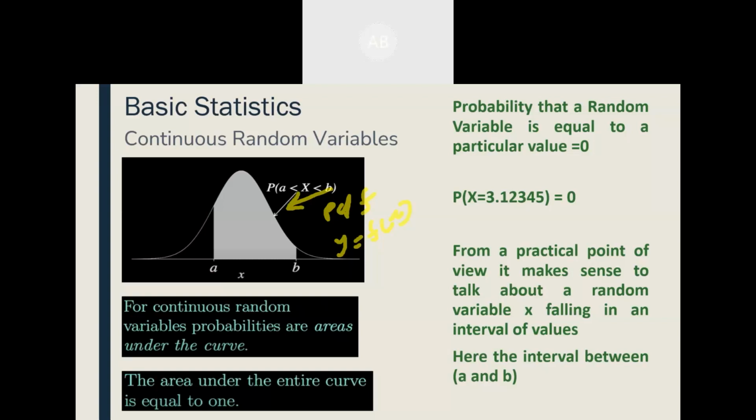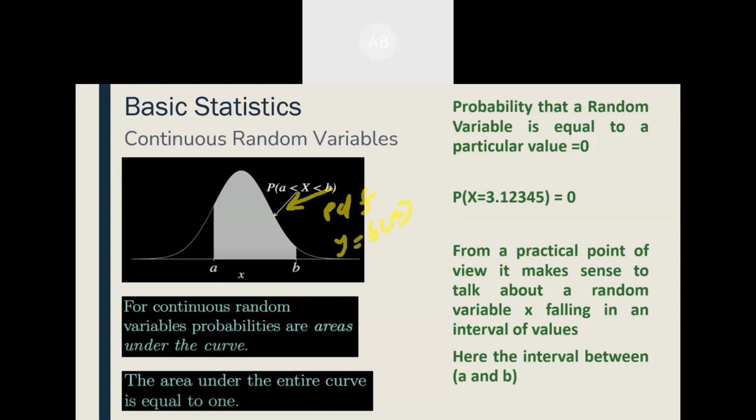So when we talk about a continuous random variable, we talk about probability in terms of intervals. We talk about an interval between A and B, and this probability is given by the area confined within these two limits, A and B. In this case, the probability is the shaded area under the curve.